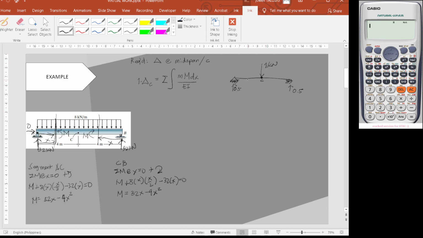The next step is you're going to cut the same segments, same number of segments and same directions.